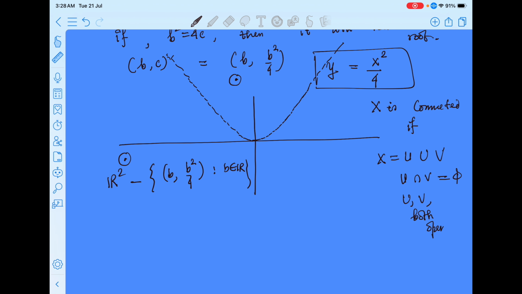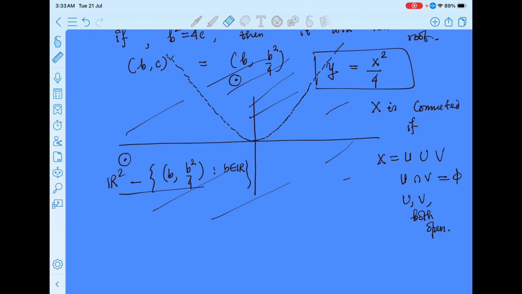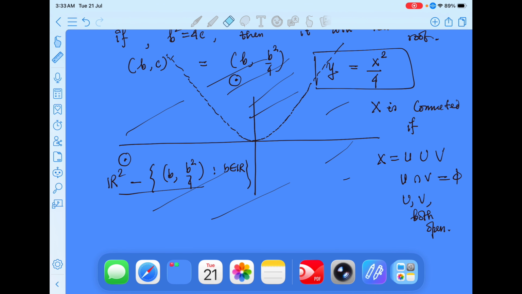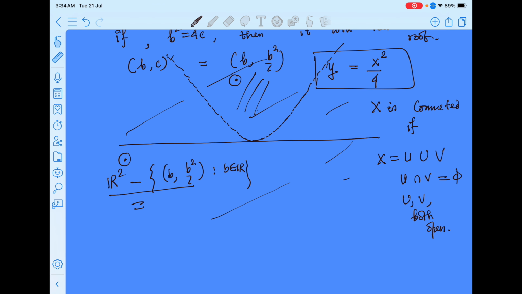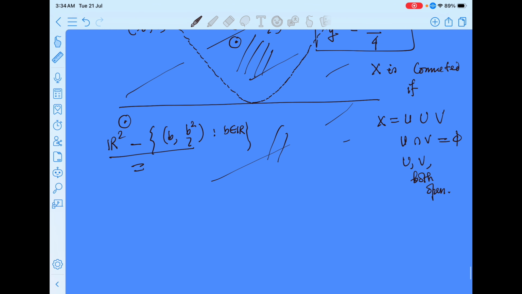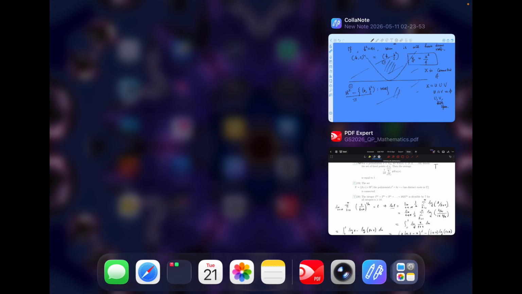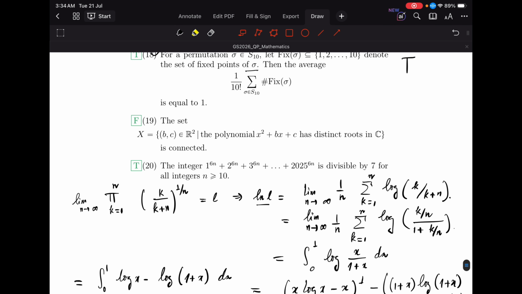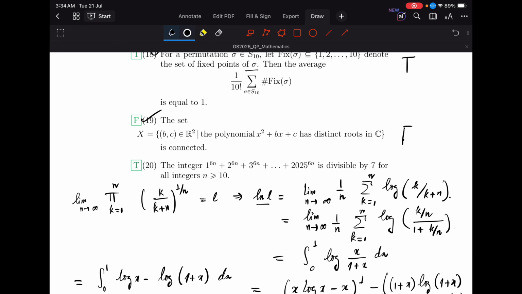Okay, so here take this as your first open set, and here take this as your second open set. So this space will not be connected, because you can write it as a union of this and this. So this is false. We showed that this is not connected.